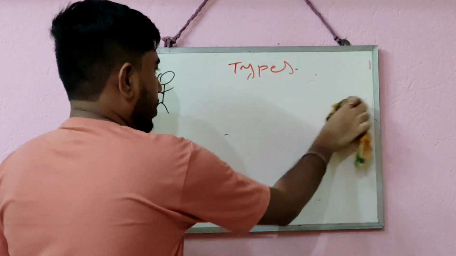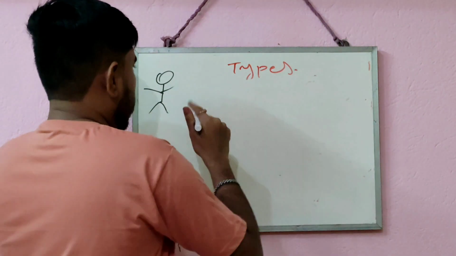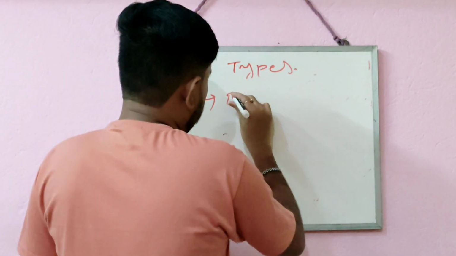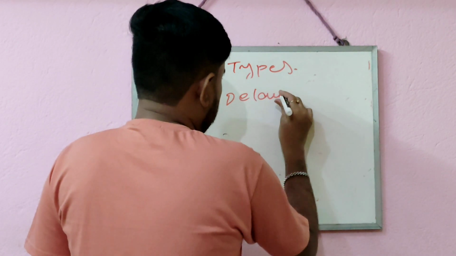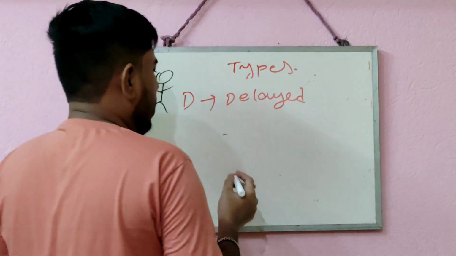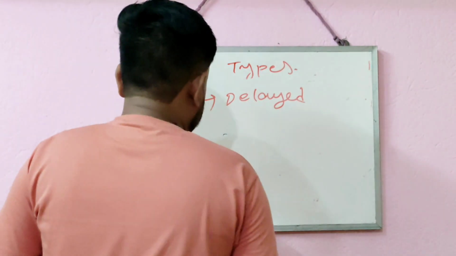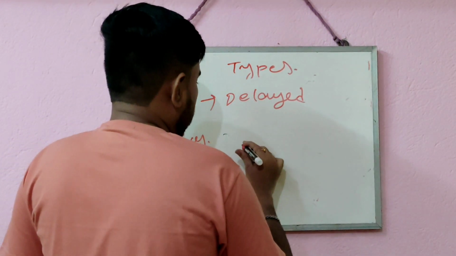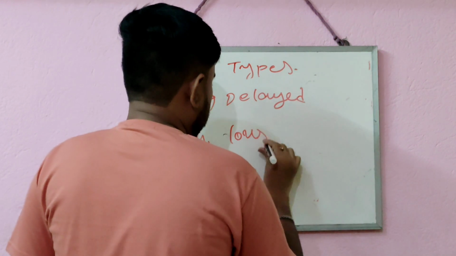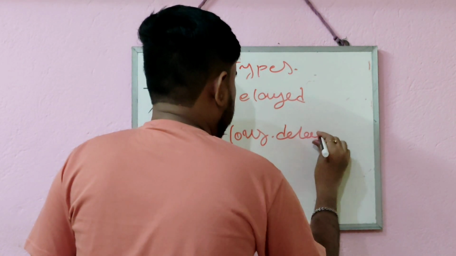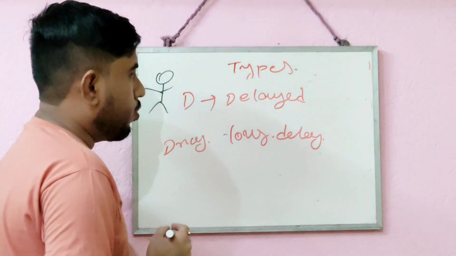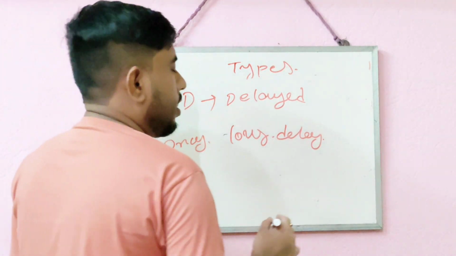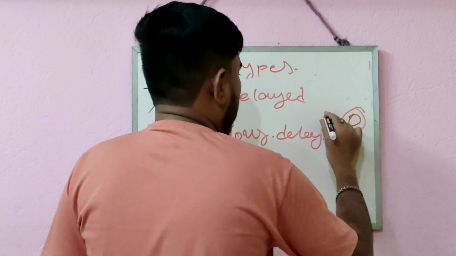The next type of adverse drug reaction is the D type. What does that mean? D means delayed. You can easily understand by the name that the drug is taken after a long delay. It means you have a specific disease for which you have to take a drug, but you take the drug after a long time.